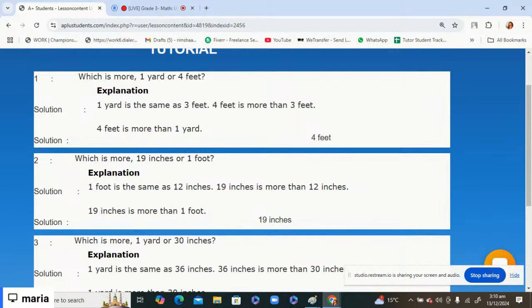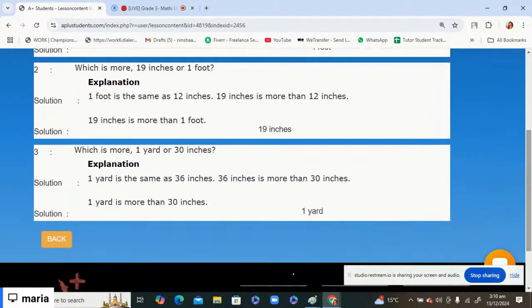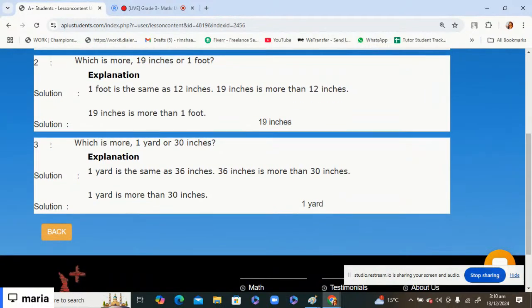Now, which is greater: 1 yard or 30 inches? Obviously, 1 yard is equal to how many inches? 1 yard is equal to 36 inches, and 36 inches is more than 30.